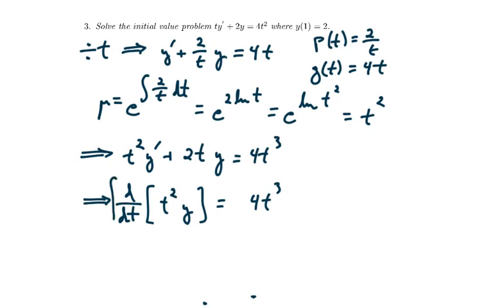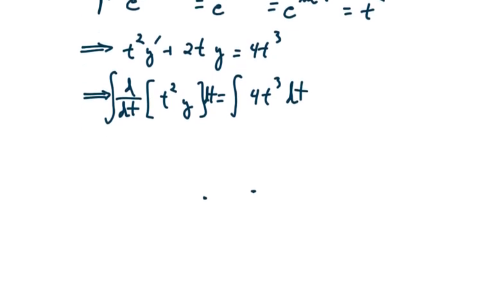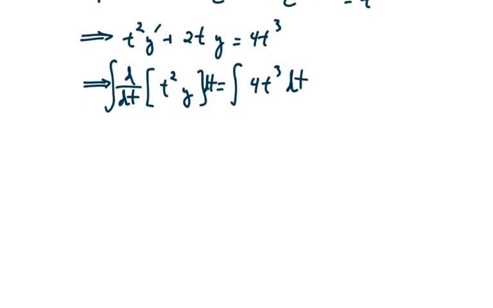So now we want to integrate both sides. On the left, the integral of a derivative is itself. So again, we've got t squared y equals, on the right, we have t to the 4th plus c.